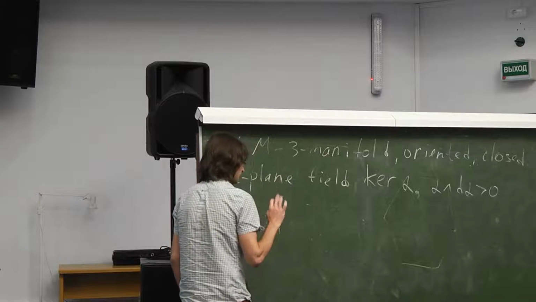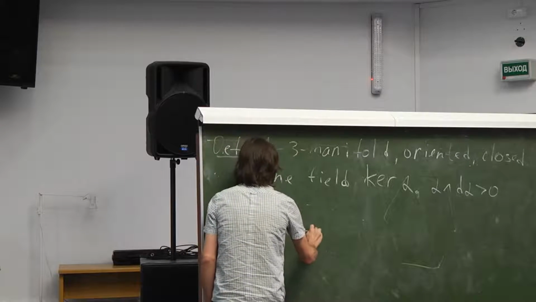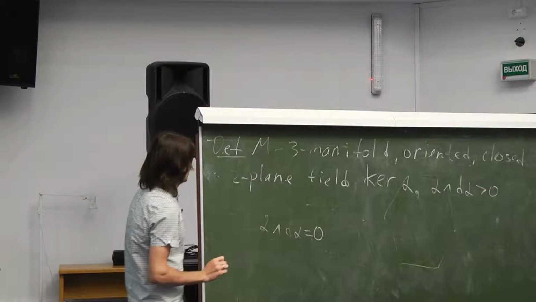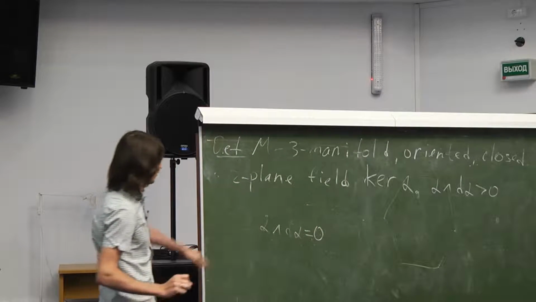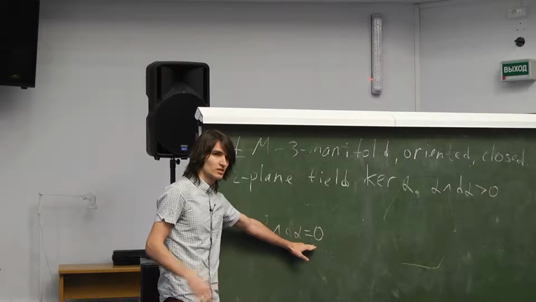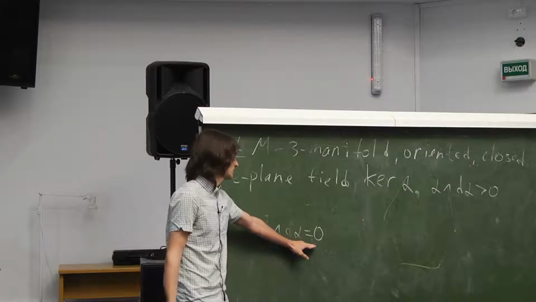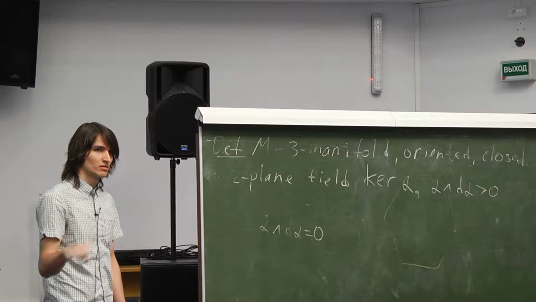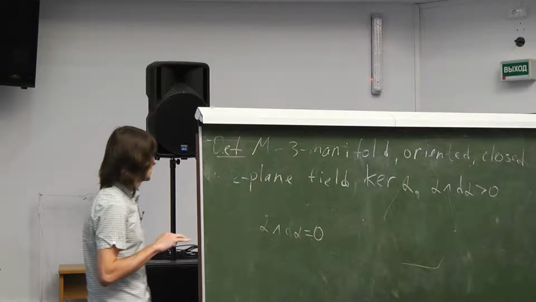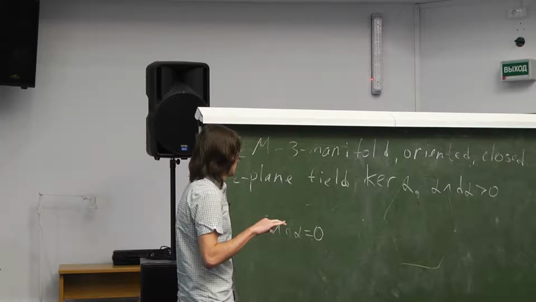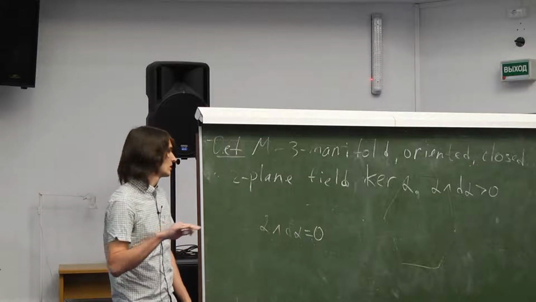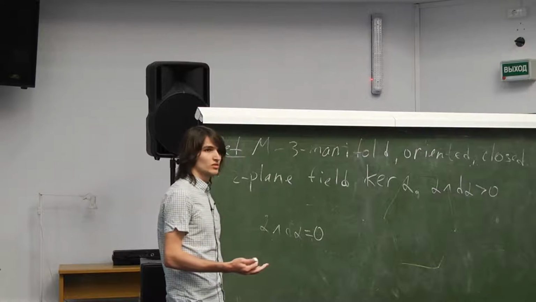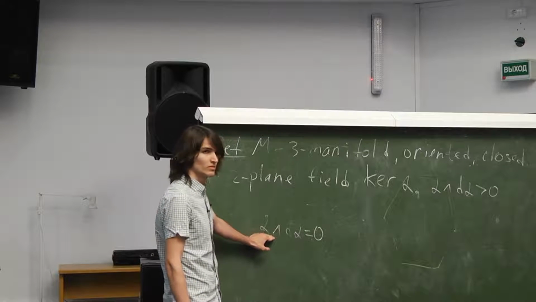If for some one form alpha the following holds, then it is integrable. This means that there is a two-dimensional foliation of the three-manifold, and each leaf is tangent to the kernel of the one form.